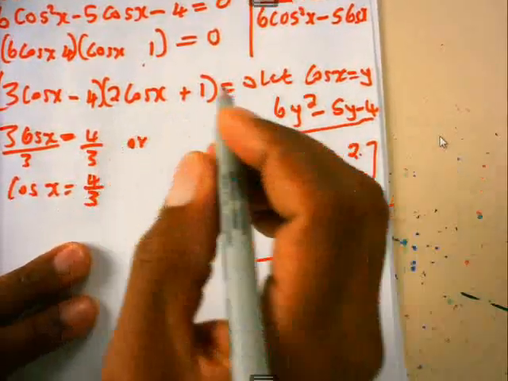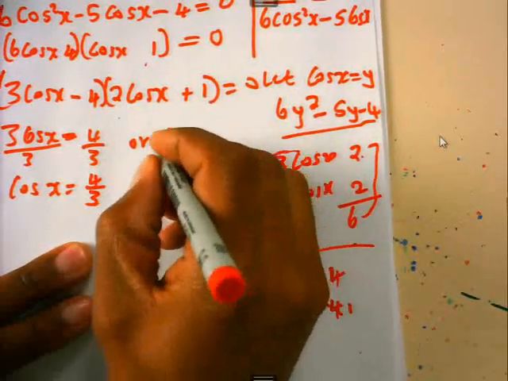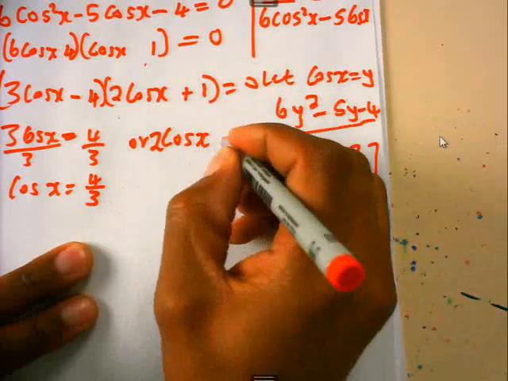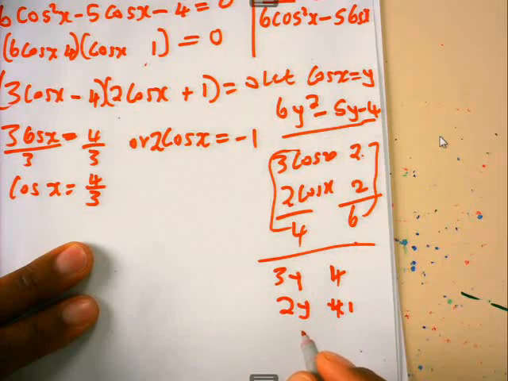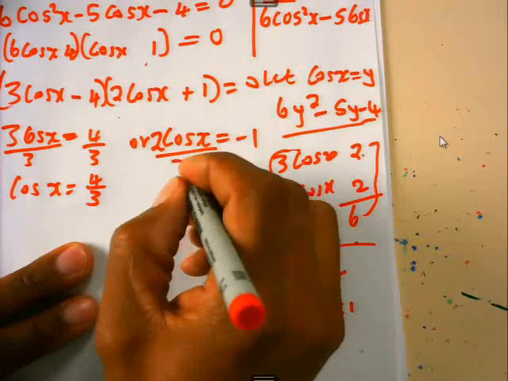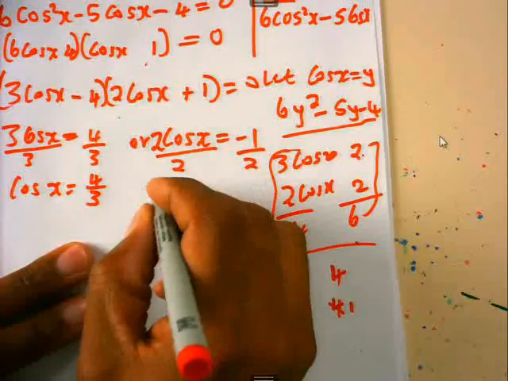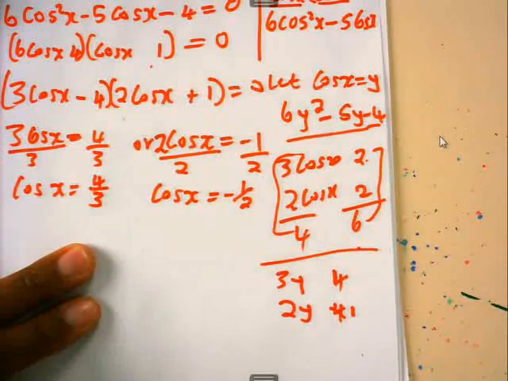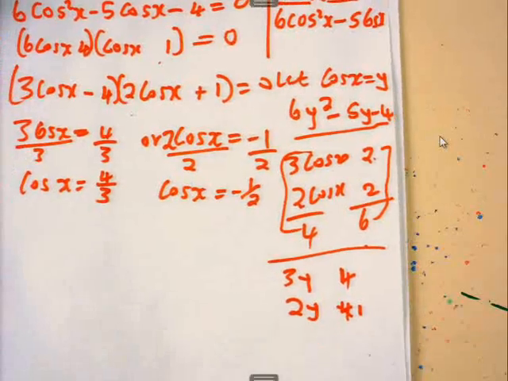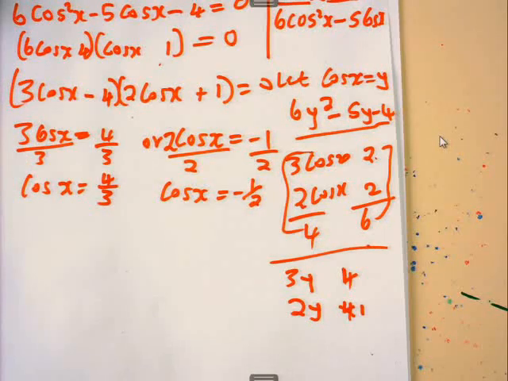Or 2 cos x is equal to transposing 1 to the other side, it becomes negative 1. Then divided by 2, cos x is equal to negative 1 divided by 2, negative half.